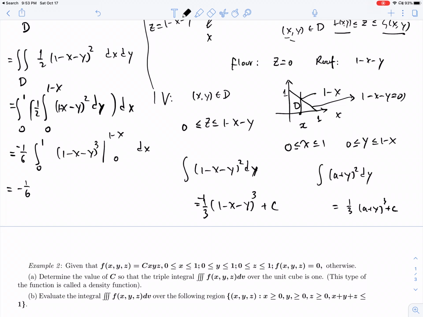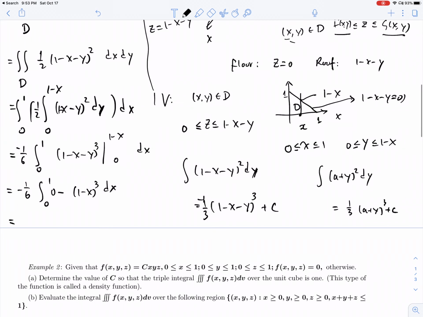Now we try to evaluate. If y is equal to 1 - x, we get a 0. And when we plug in 0, then we have (1 - x)^3 dx. So actually, we are pretty lucky. We now have positive, from 0 to 1, (1 - x)^3 dx.